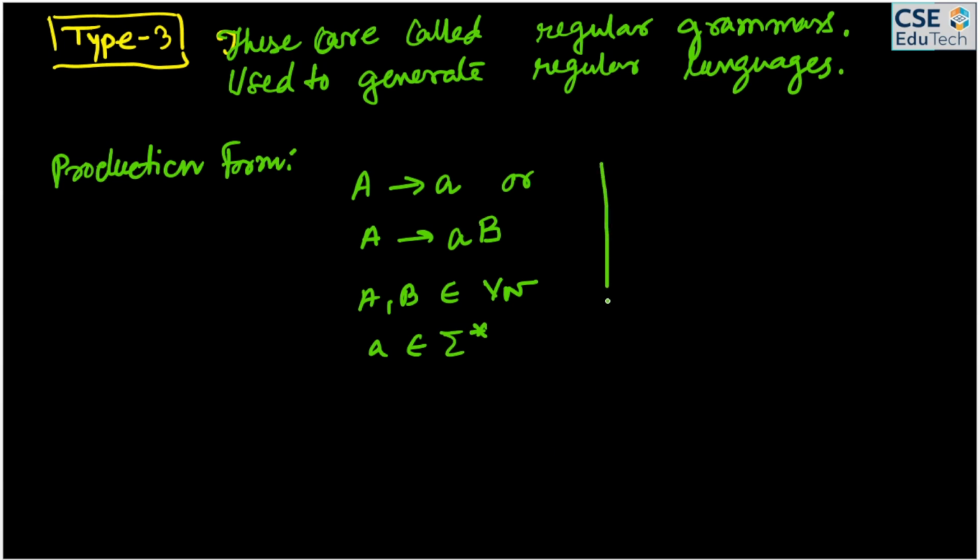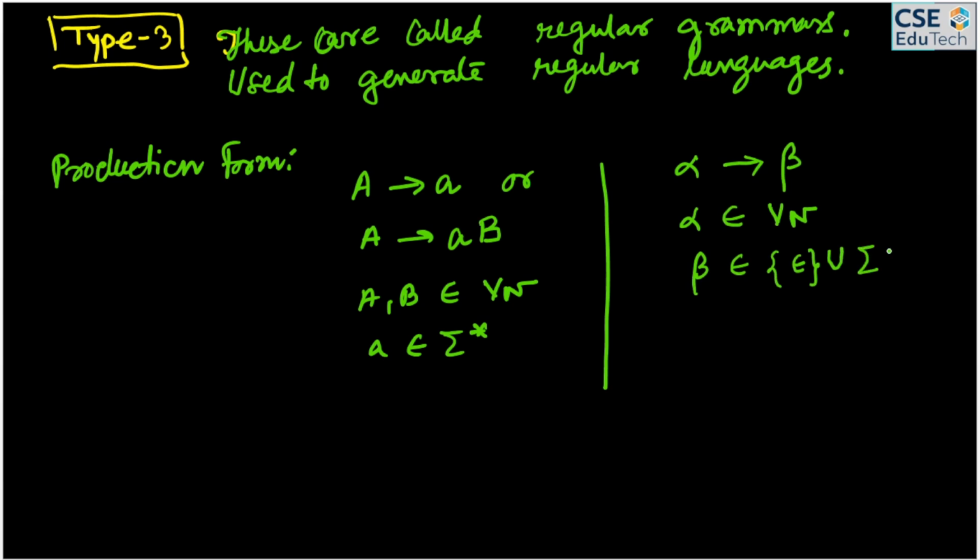Or another way, we can say alpha to beta, where alpha belongs to Vn, that is, alpha is basically a non-terminal, and beta belongs to epsilon union terminals, or terminals then non-terminals.